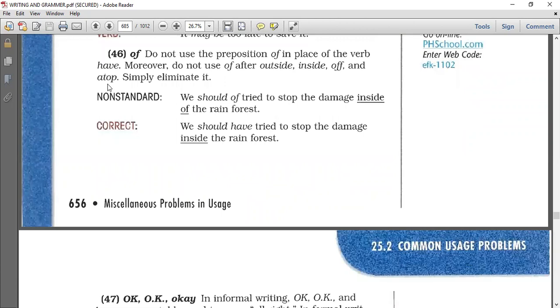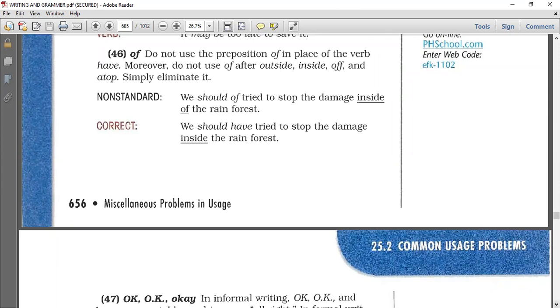A sentence like this may come in the exam: the exam will not come outside of this paper, and you're asked to correct the mistake. So once you see outside of, you cross off and eliminate it, because of can't follow these four words: outside, inside, off, and atop. Remember.